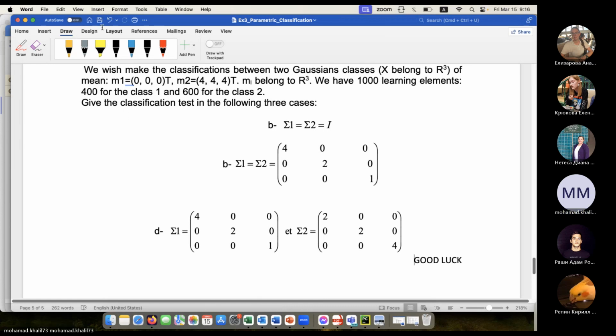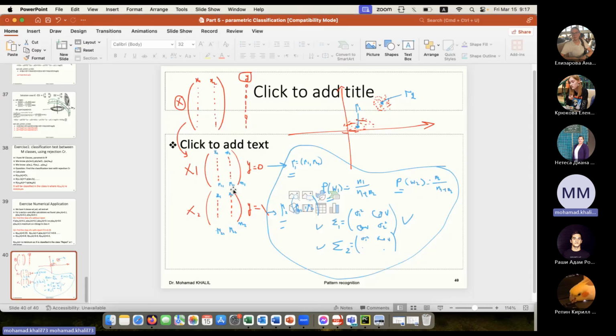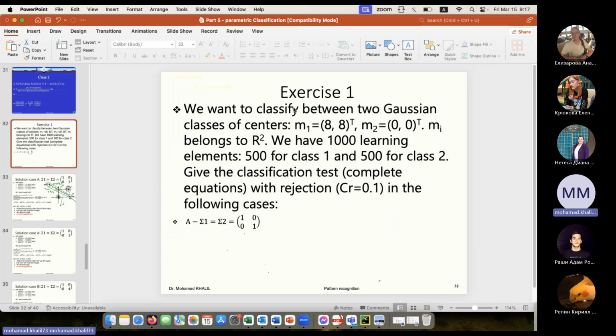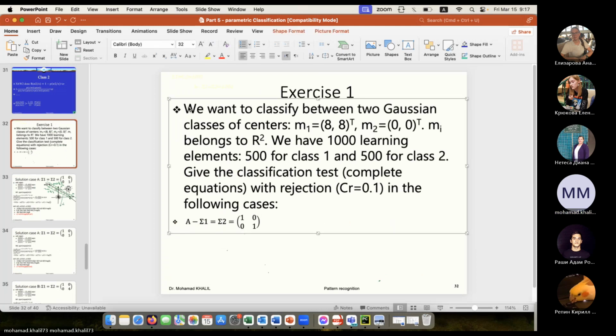Save. Yes. Second exercise is here. Look, second exercise is in the presentation. Okay, exercise 2. What's happened?